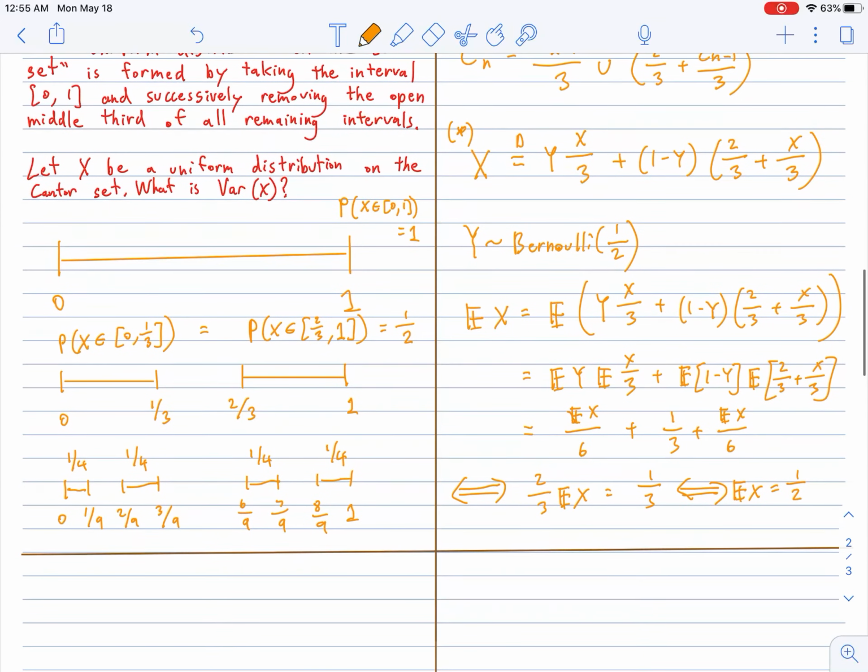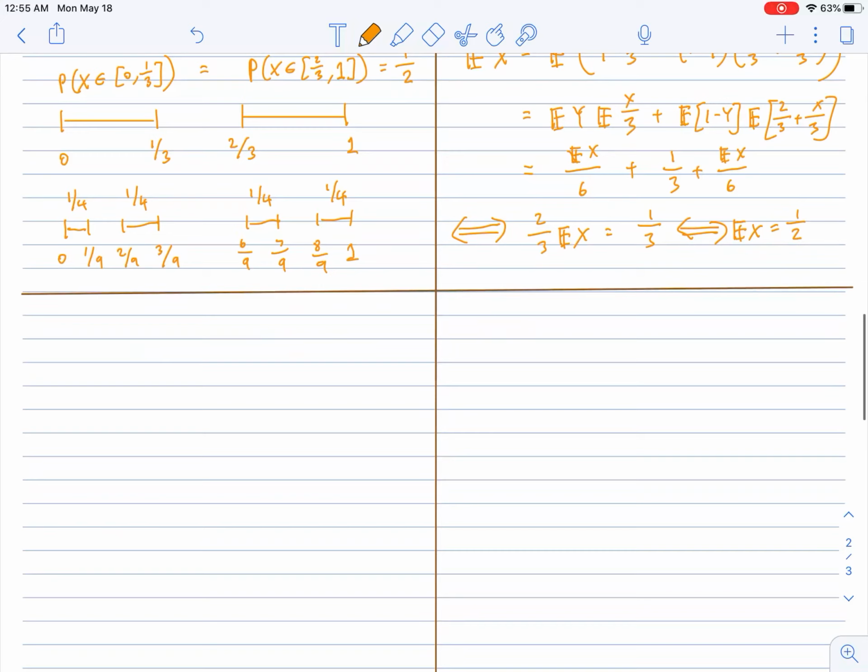Again, taking the star expression and squaring both sides, we proceed to compute the expected value. So we now have the expected value of X squared equal to the expected value of this entire giant expression squared.